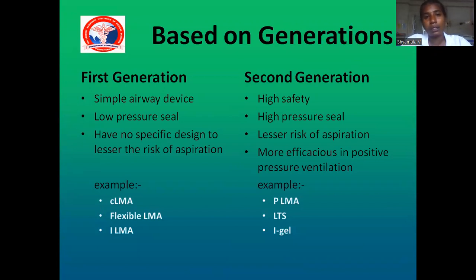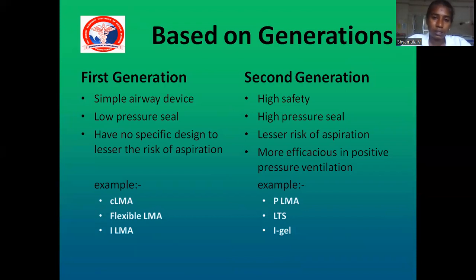A few modifications are done in the second generation so as to have a superior device compared to the previous one. Here we have a high safety index. It has a high sealing pressure so that we can fit it into the supraglottic space without the risk of aspiration, because whatever gas we are giving should go into the trachea and not the esophagus.